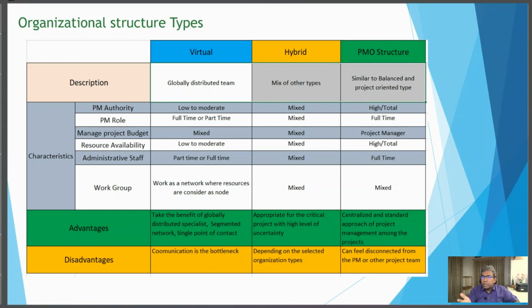Then there is the hybrid structure. When you need to act as a matrix organization, you follow the matrix organization. When you need to act as a functional organization, you act as a functional organization. When you need to act as a virtual organization, you act as a virtual organization. Depending on your project and organization requirements, you are flexible.